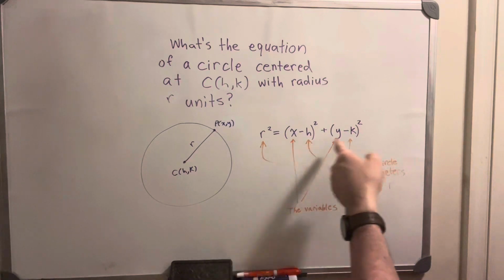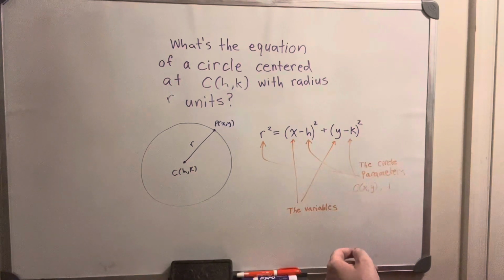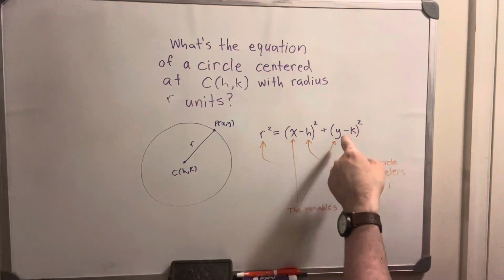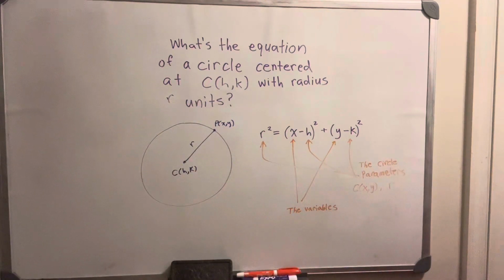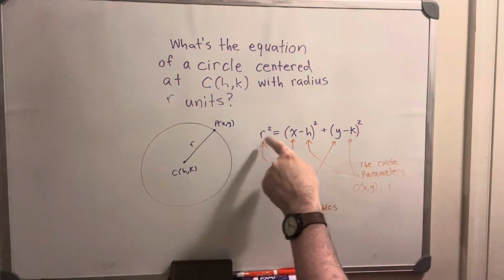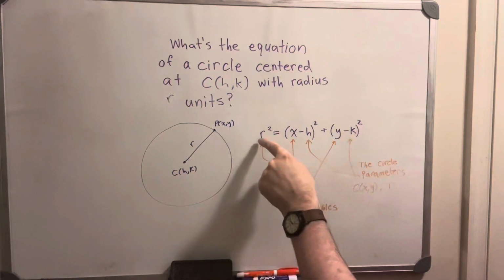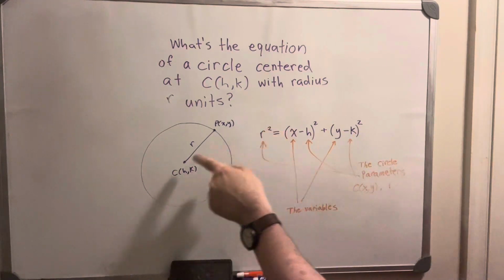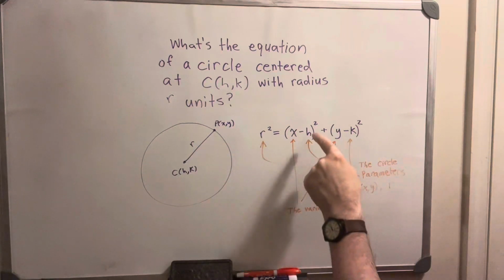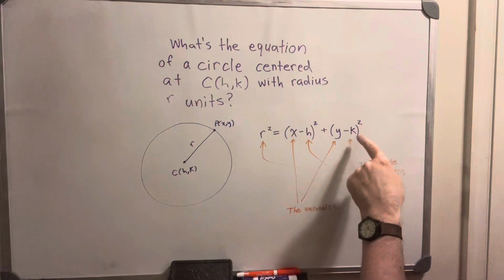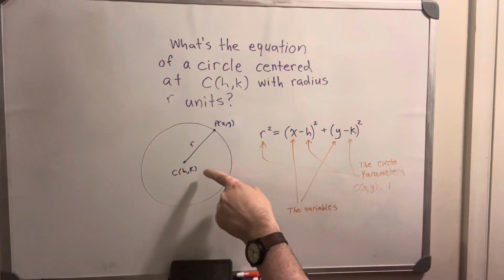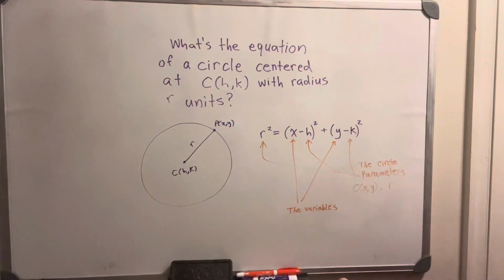And remember which of these are the points on the circle and which ones are the parameters of the circle. This x and y are the points on the circle, and the r, the h and the k are the parameters: r is the radius, h is the x position of the center point and k is the y value of the center point.